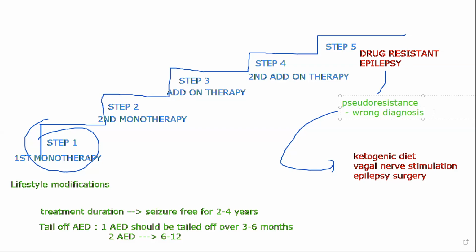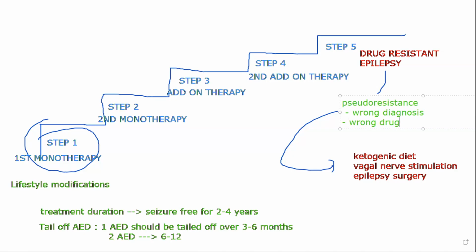So pseudo-resistance, wrong diagnosis, like pseudo seizures, or maybe underlying causes that have not been treated, like an intracranial tumor. Okay. So you might have to think of alternative diagnosis. Then the other thing is maybe wrong drug. The chart is important.